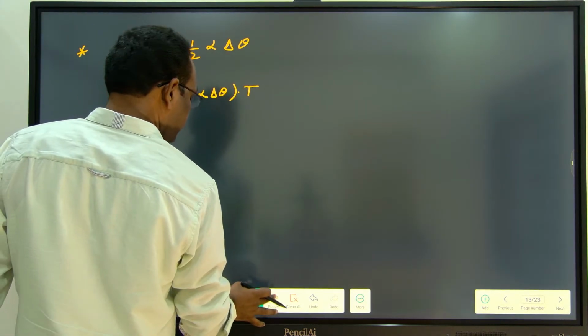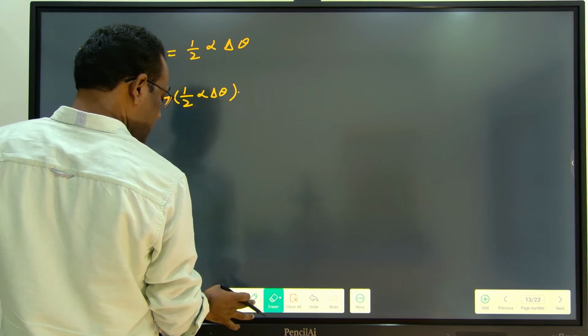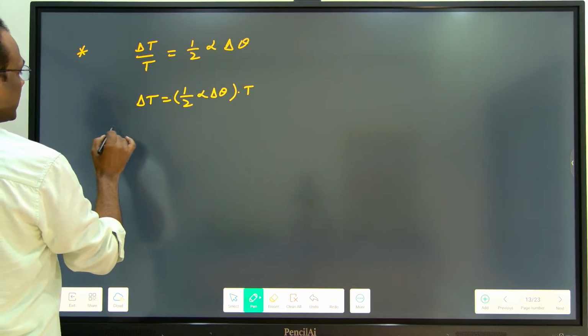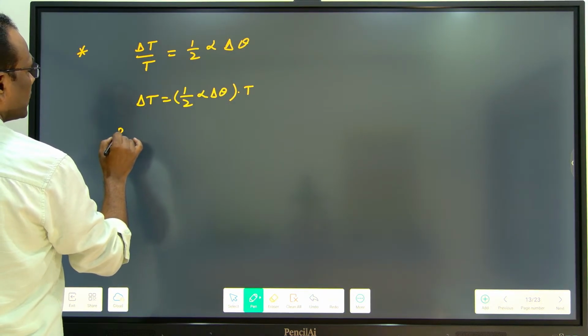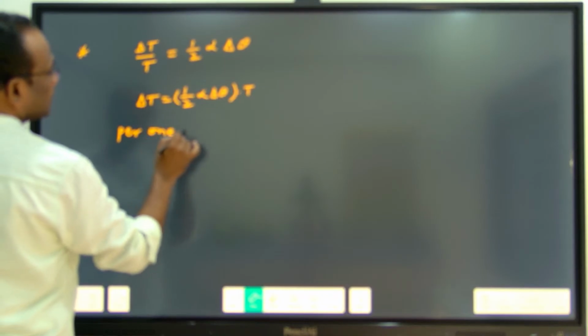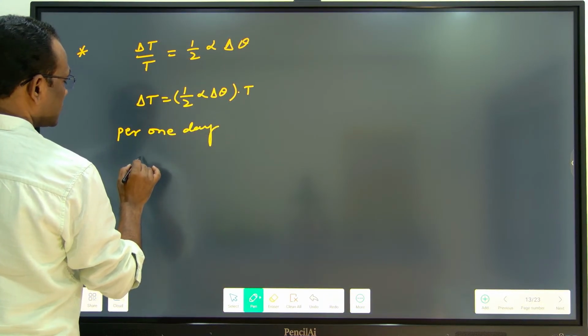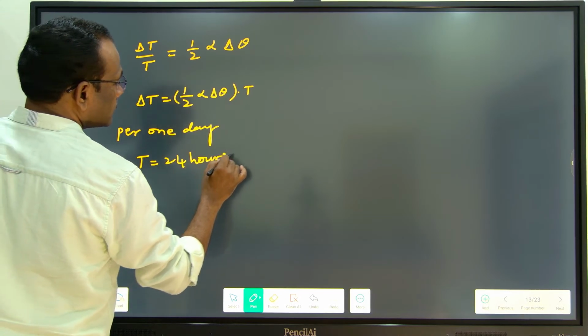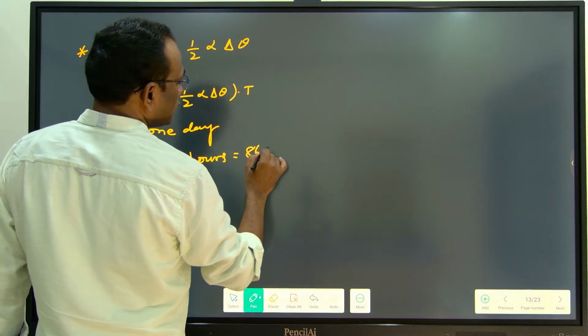What is the T here? Time period. For example, take 1 day. 1 day means T equal to 24 hours, that is 86,400 seconds.